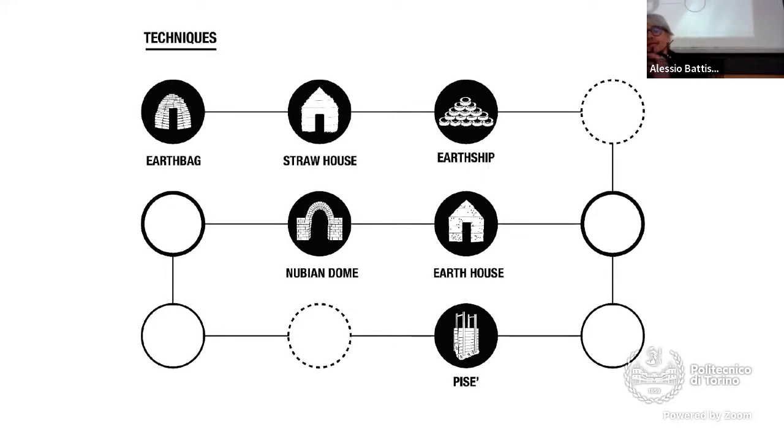And of course, the technology. As I said before, we try to study which kind of technology, which kind of skills, so which kind of knowledge we can find in the place where we work. And try to elaborate it, work on it, and bring this technology into contemporary architecture. And so we improve also the language of the architecture, but the starting point is always what I have just said.